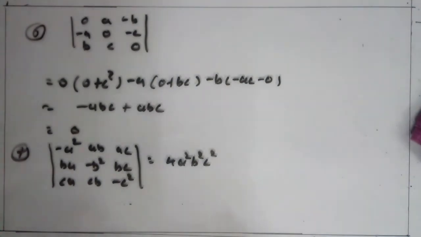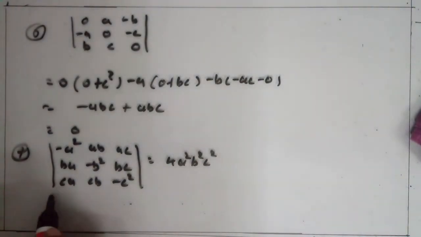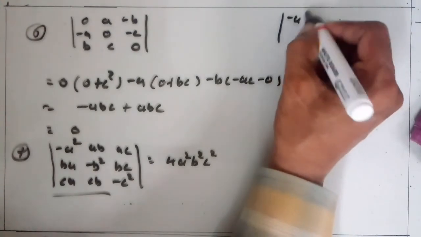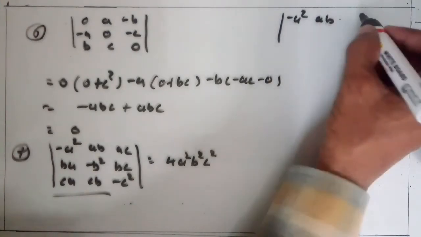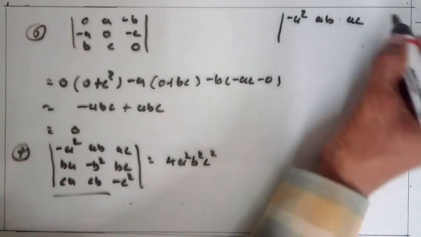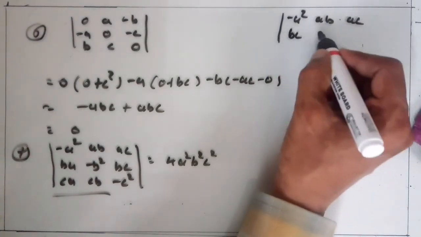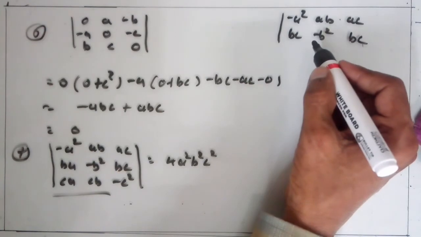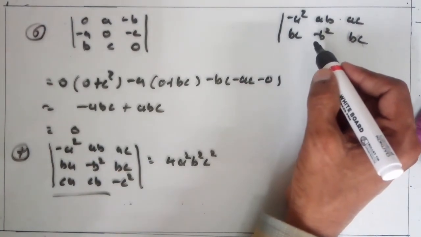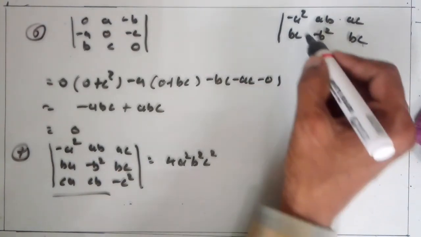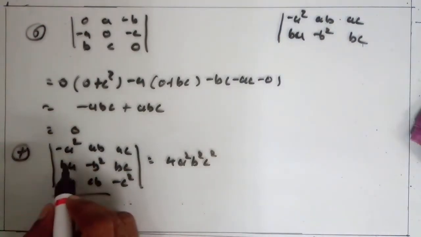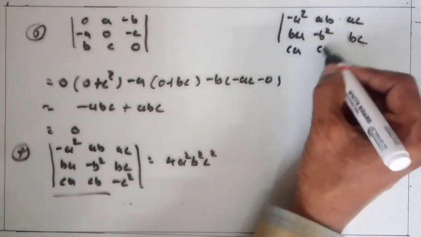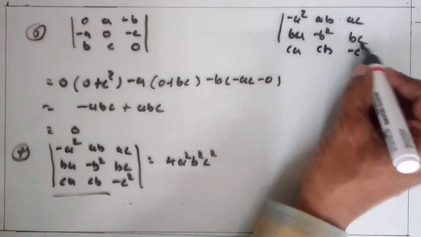Here take the determinant minus x square, AB, AC; BC minus b square, BC; and here BA already given, CA, CB and the minus c square here.